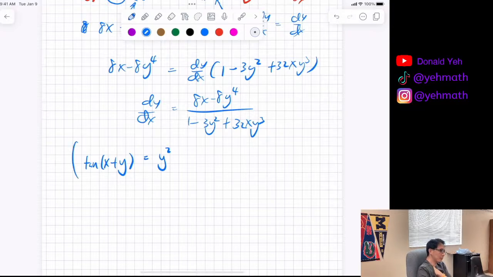So what we're gonna do is take a derivative of this, right? What's the derivative of the left hand side? Anybody want to give it a try? It is equal to 2y dy dx.